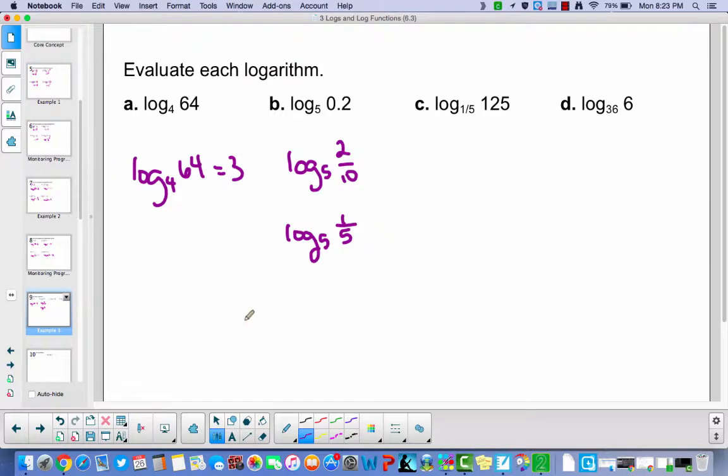It says 5 to what power is 1 over 5? Well, we need that base of 5, don't we? But instead of it being in the exponent, it says 5 to some power is 1 over 5. Well, how do I get that 5 to go down to the denominator? I have to make it a negative exponent. So the answer to that one is -1.